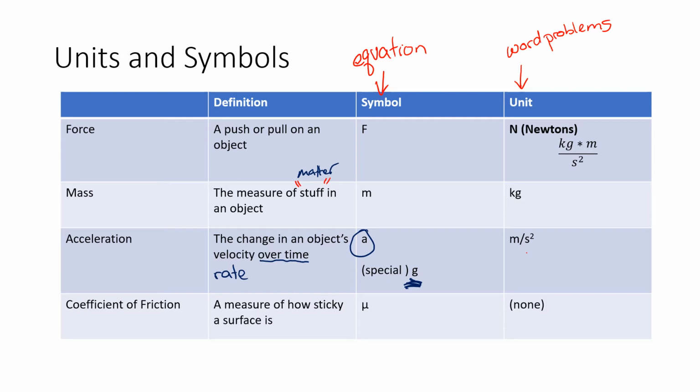So this G is still an acceleration, and on the planet Earth, it's roughly 9.81 meters per second squared. Sometimes I write that as A with a little g next to it to help students realize that the acceleration caused by gravity is an acceleration. It's not its own thing, and it's not a force.